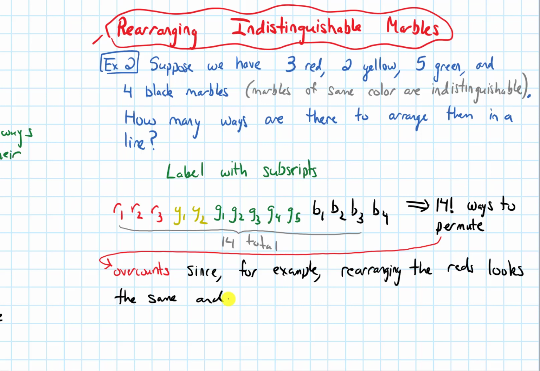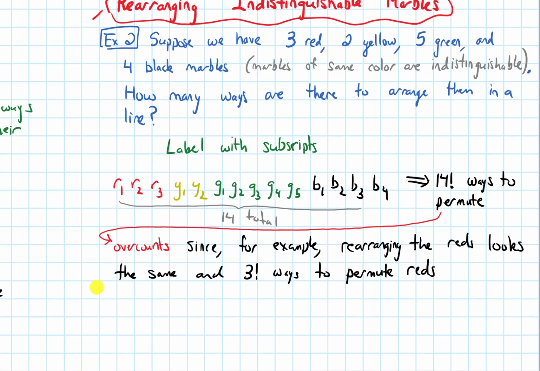And then we need to think about, okay, how many ways are there to rearrange the reds individually? Well, there's 3 factorial ways to permute the reds once all the marbles have been placed. There's 3 factorial ways to permute the reds in their spots.